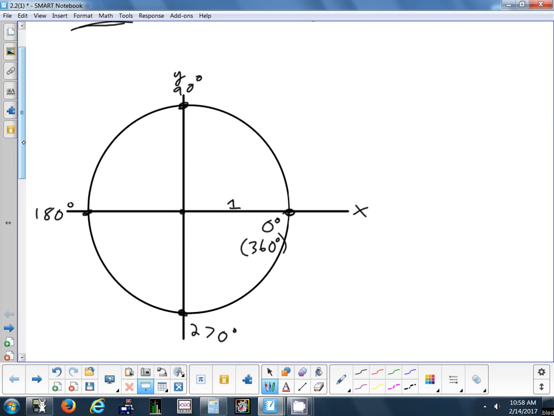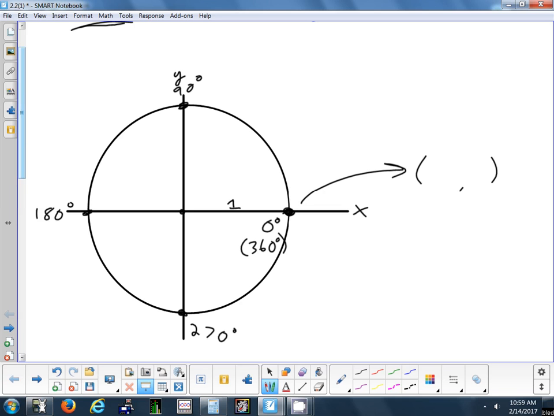So let's start with the 4 that I have labeled, okay, since these coordinates are the easiest ones to come up with. Let's start with this point. That point represents 0 degrees. Anybody think they can tell me the coordinate for that point?